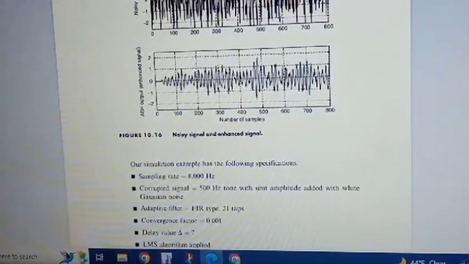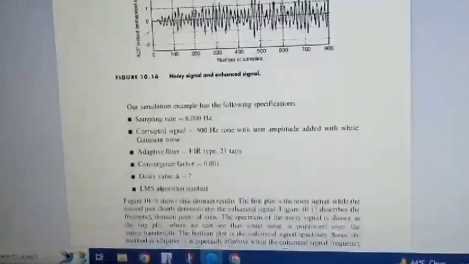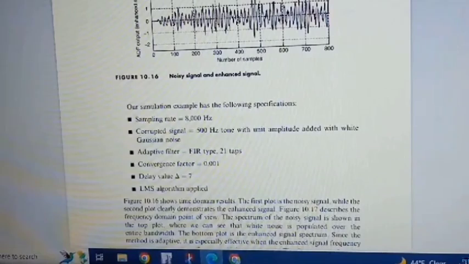And this is the graph of the noisy signal and enhanced signals against the number of samples. Line enhancement adjusts filter parameters to selectively enhance specific features within a signal, improving the interpretability and usability of the processed data in various applications.